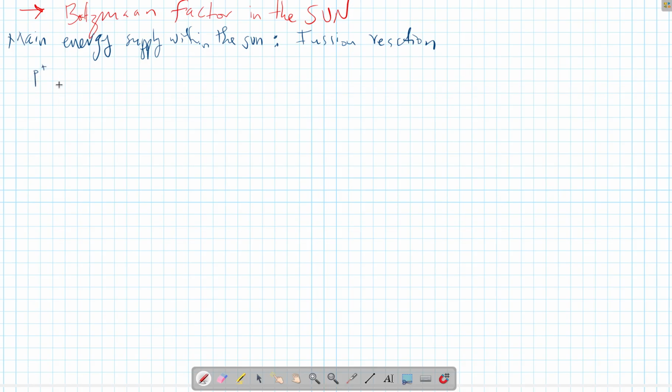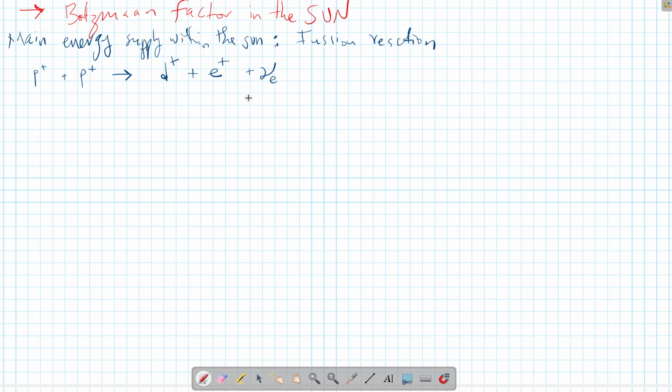If I write a proton as P plus, being positively charged, it interacts with another proton to produce a deuterium, D, plus a positron, plus a neutrino of the electron type.